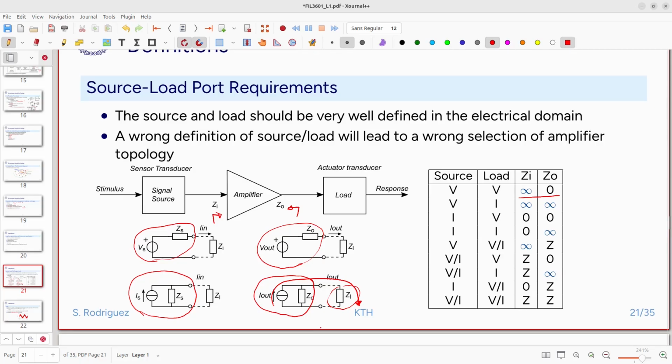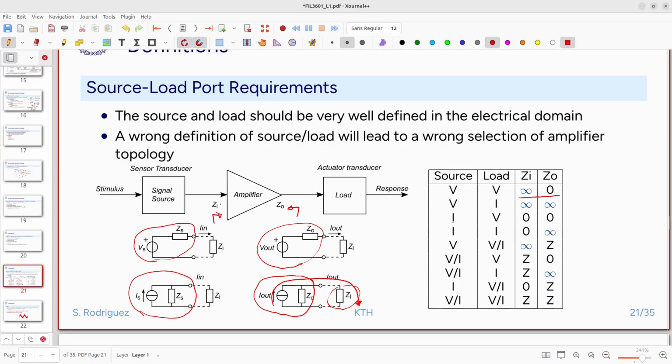So I will want to have a high input impedance in my amplifier here, because there is a voltage, and high output impedance at the output, so that all the current flows to the load.